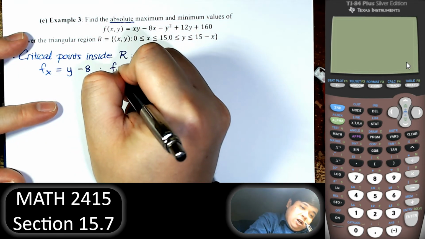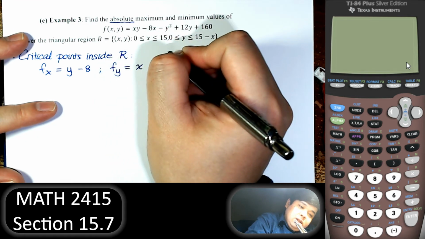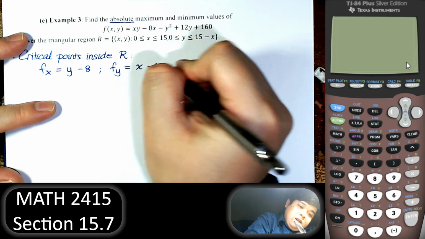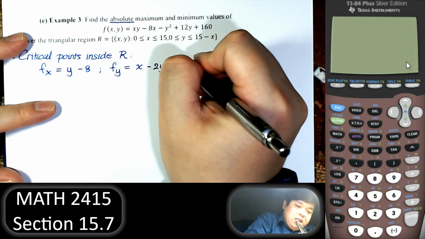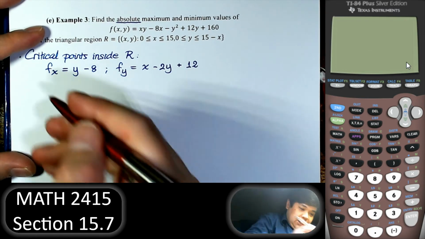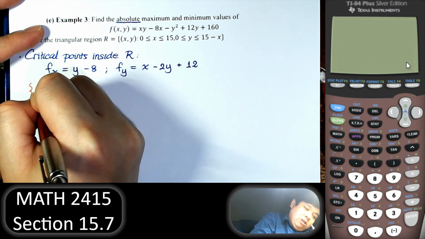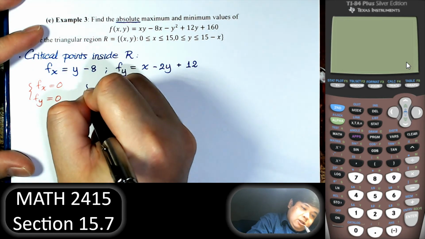Derivative with respect to y will be x, constant, 12. Take the derivative with respect to y, so that's what we have. And then we let the partial derivatives equal to 0, and we solve the system.